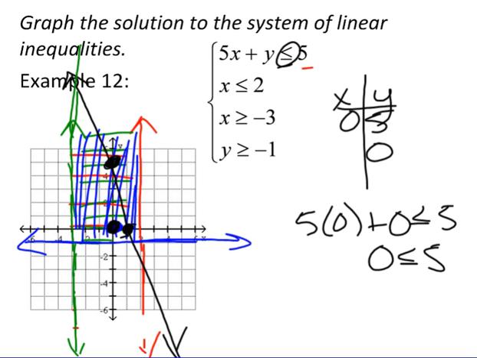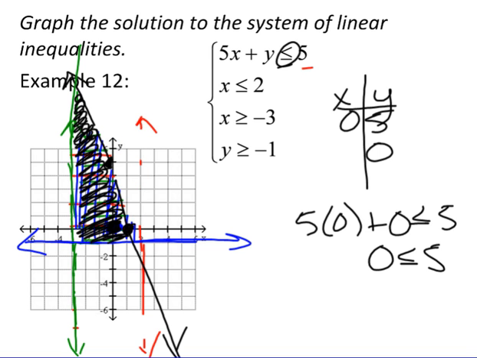So I'm going to shade covering up the test point. And this is why I extended that green line, because I knew I was going to have to shade up there, and erase any shading that now doesn't have 4 shadings here. I'll go back and redraw that red line. There you go. That would be the answer to this example 12.